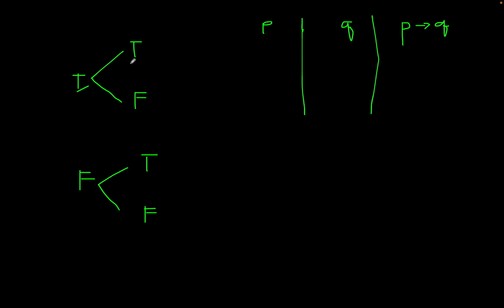Yung una, true, true. So, we have here true or T and then T. The next one is T and then F. The third one, we have F here and then we have T. False and true.